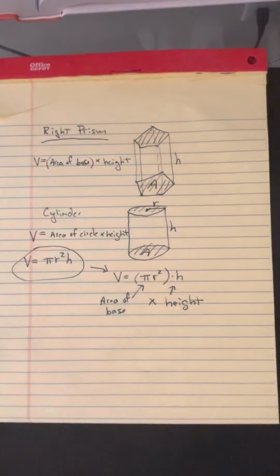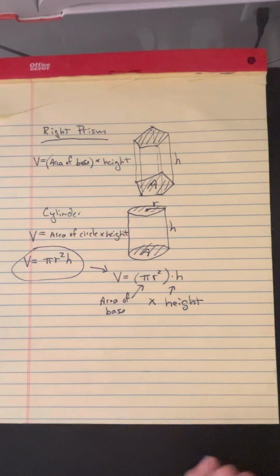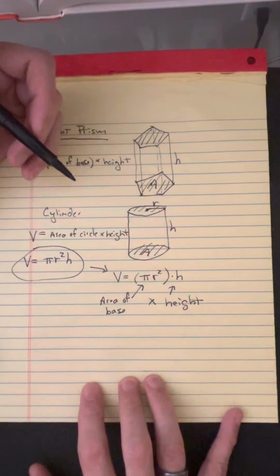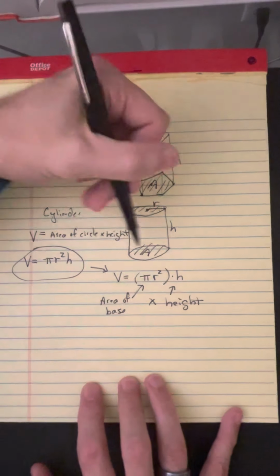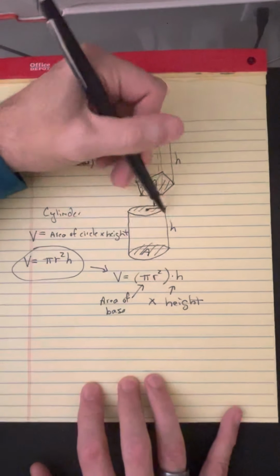Okay, so this is a really useful idea. If I have an area pushed through a distance, that gives me a volume. And to find the volume, it's just the area times the distance. You know, I like to think of it like if you stack quarters, right?